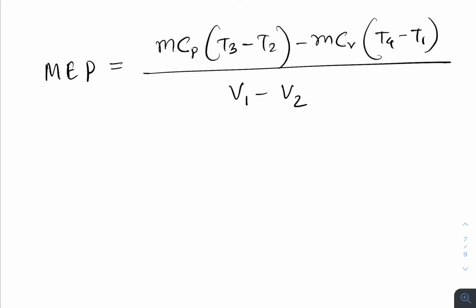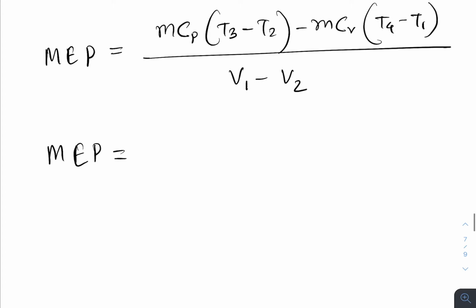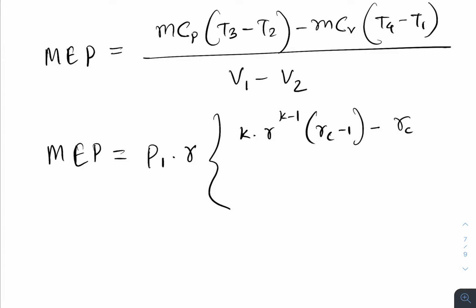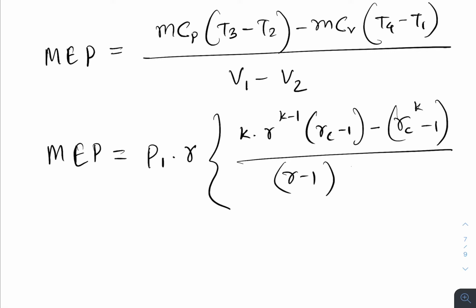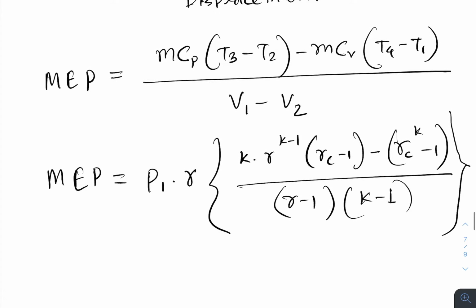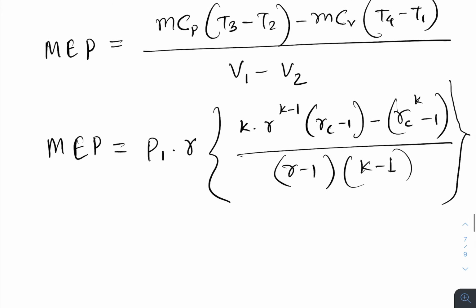But if we simplify it in terms of compression ratio and cutoff ratio, it becomes P1 times the compression ratio R to the power K times R to the power K minus 1 times RC minus 1 minus RC to the power K minus 1, divided by R minus 1 times K minus 1.